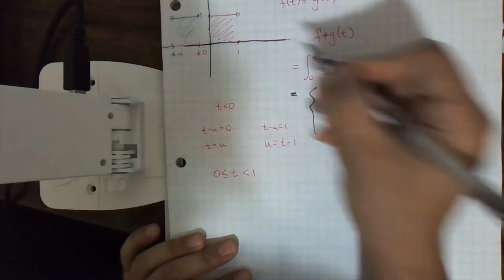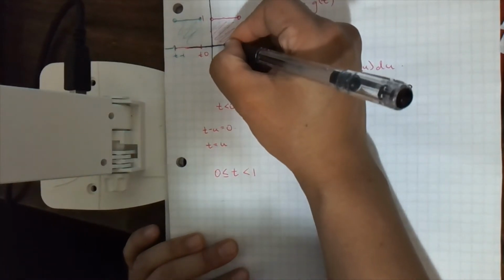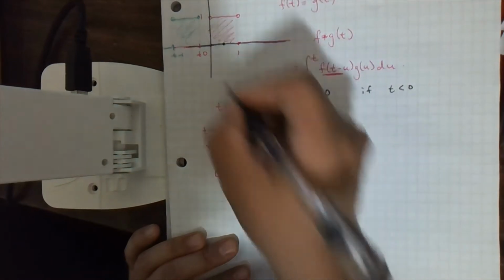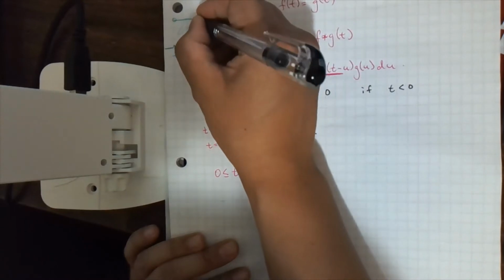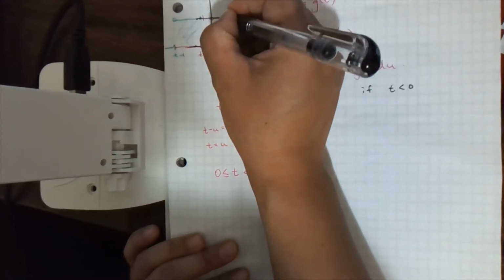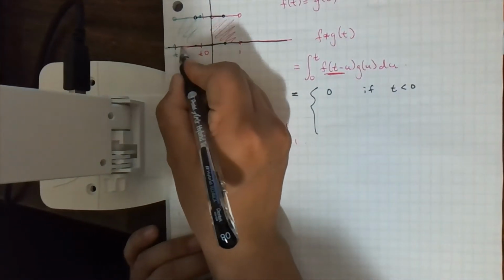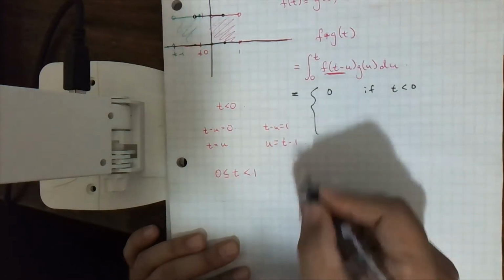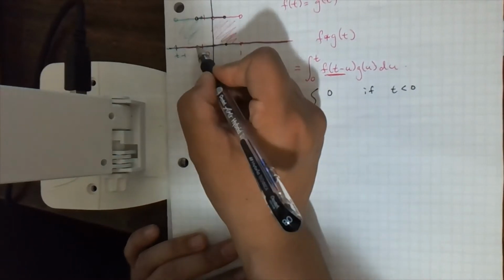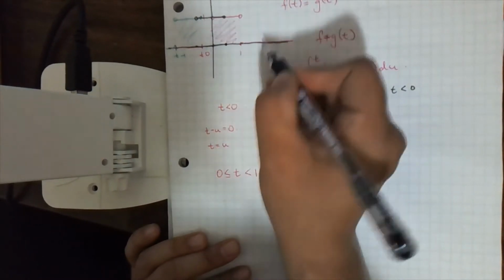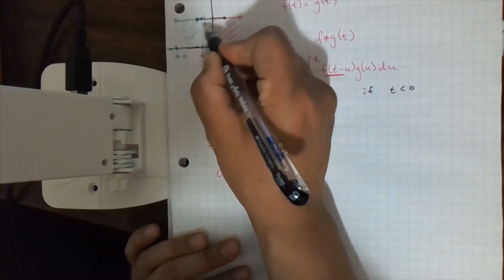Let's say t was a half, then we would have a jump here, and 1/2 minus 1 is negative 1/2, so we'd have a jump here. So we'd have this function. It would be 0 up to t minus 1, 1 here, and then 0 here.